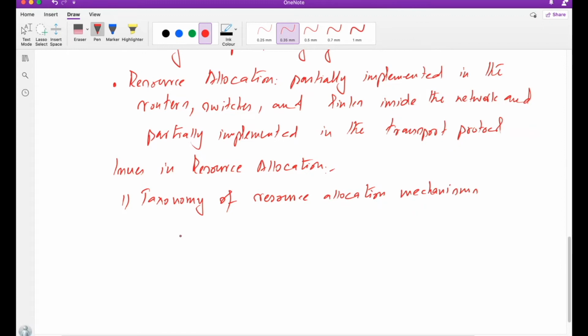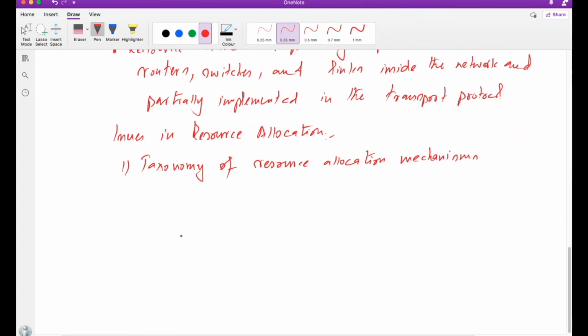But we can have these three different types of resource allocation mechanisms. Number one, router-centric versus host-centric. So what do we mean by router-centric?